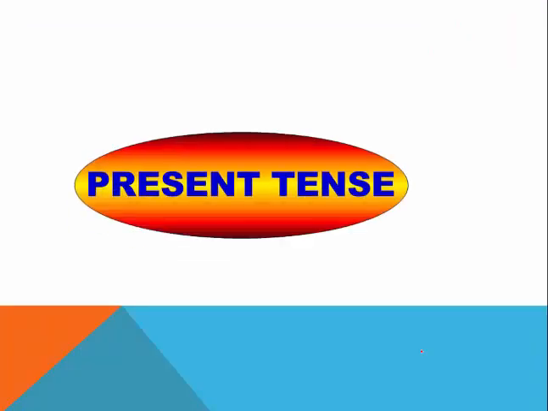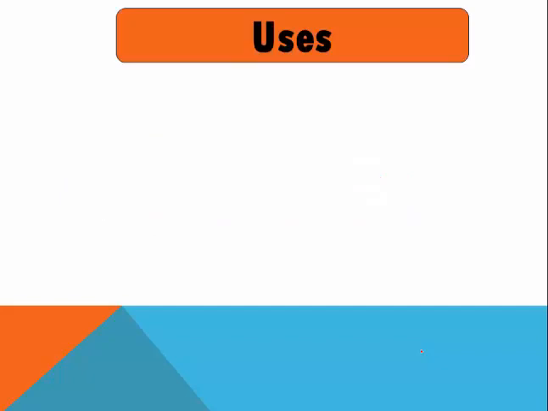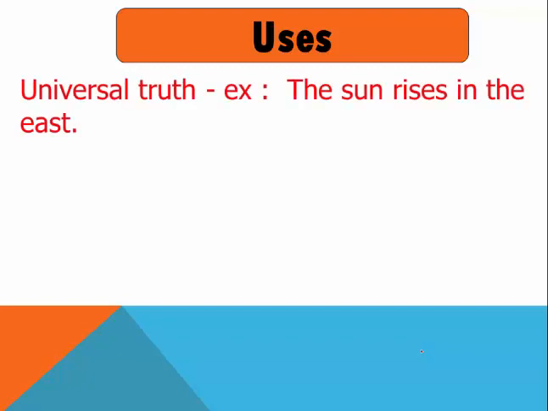First of all, we are going to start with the present tense, and in the present tense, the simple present tense. First we'll learn about the uses of the simple present tense. First, universal truth, to explain the universal truth.